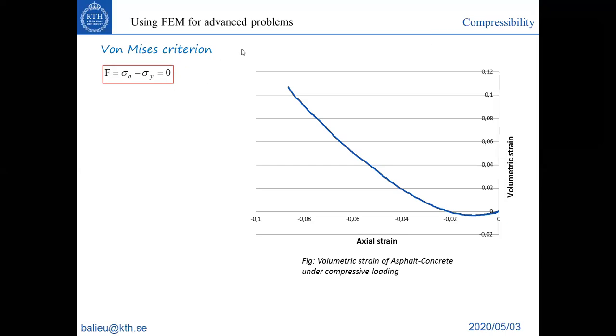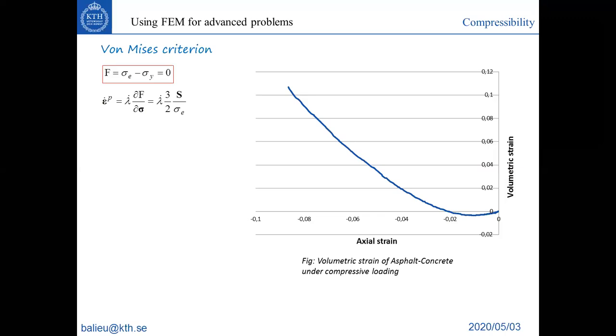Okay. So with the von Mises criterion, if you remember, we also determined the flow rule. So what was the evolution of the plasticity once you get to this yield?